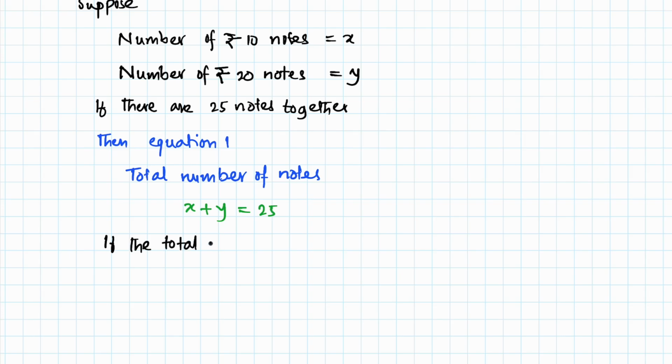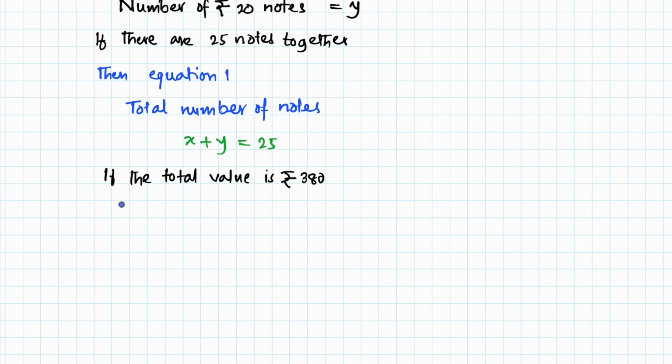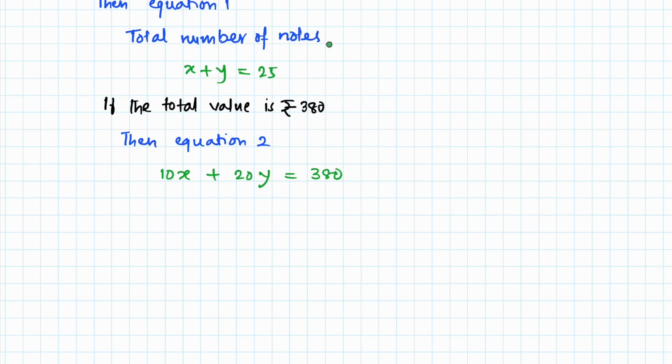Now if the total value is given as say 380 rupees, this includes the value of 10 rupees notes and the value of 20 rupees notes. Then we get the second equation: 10 times X plus 20 times Y equals 380.